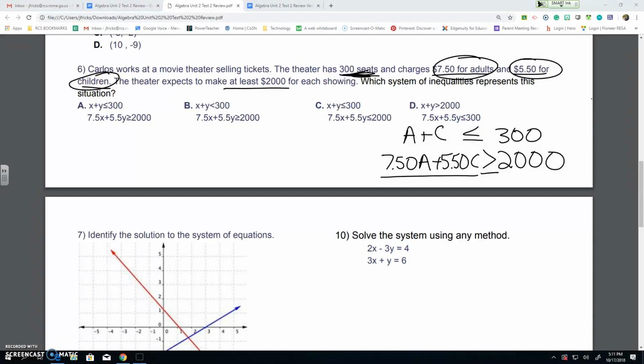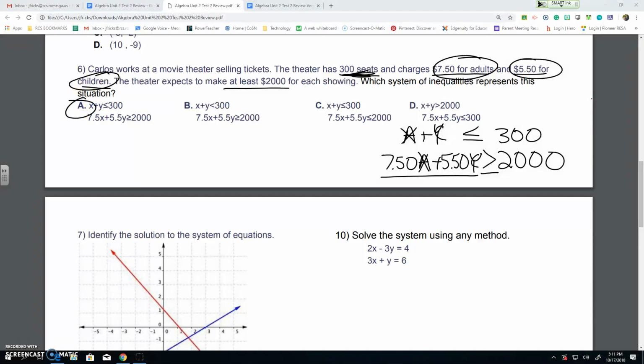So once we get those two, you can actually substitute in x if you want to for A. You can substitute in y for C. That way it matches up to what we have here. But we're just going to look for the one that has the exact same answer, or same solution. So we got x plus y. X plus y is less than or equal to 300. That checks out. 7.5x plus 5.5y is greater than or equal to 2,000. So that sounds like A is going to be our correct answer.